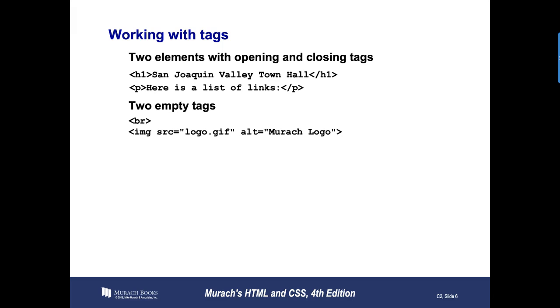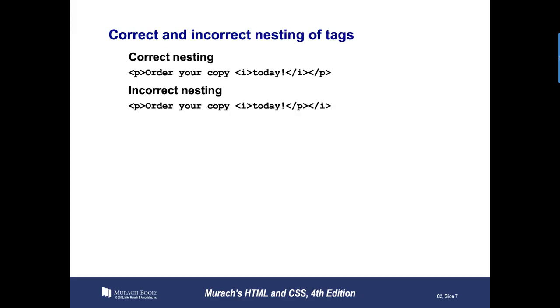So the BR tag, which is a break, like you hitting enter or return on your keyboard, and then the image tag below that, is a self-closing tag or an empty tag, okay? So just note that BR and IMG don't have corresponding closing tags. There are a lot of other tags like that, but I just want to show you elements that have pairs of opening and closing tags and empty tags or self-closing tags that don't have a corresponding closing tag.